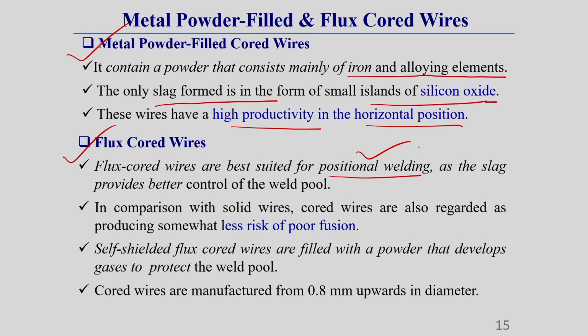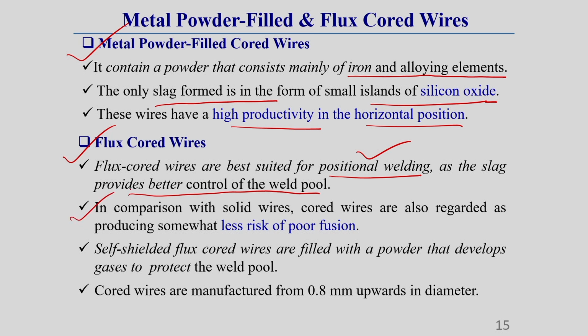That is why you can use this in different types of positional welding, like horizontal and vertical. Once you use this flux core, due to the slag cover over the weld, the droplet is protected from falling down. That is why I have written that it can be used in positional welding, because it provides better control of the weld pool. Keep these things in mind.